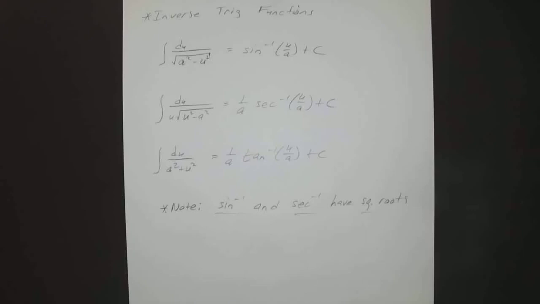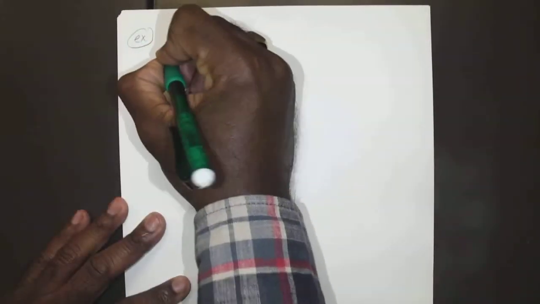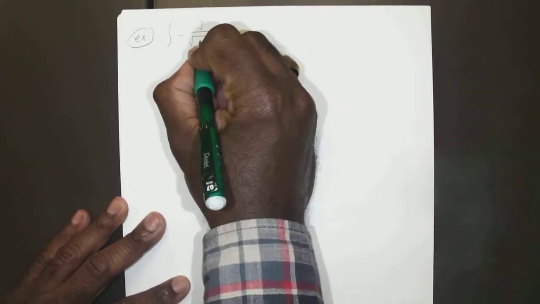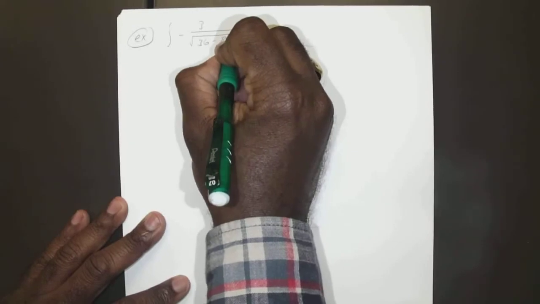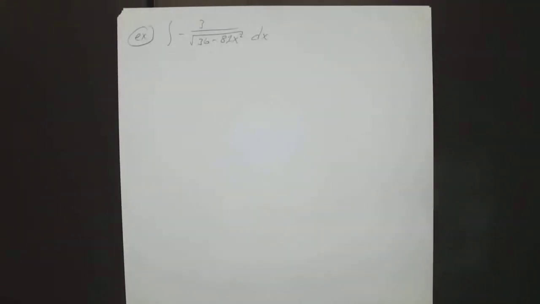All right, anyone still writing? All right, so let's say, for example, you want to solve the integral of -3 over the square root of 36 minus 81x squared with respect to x. Okay.